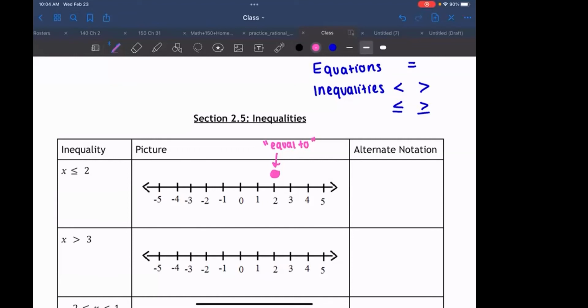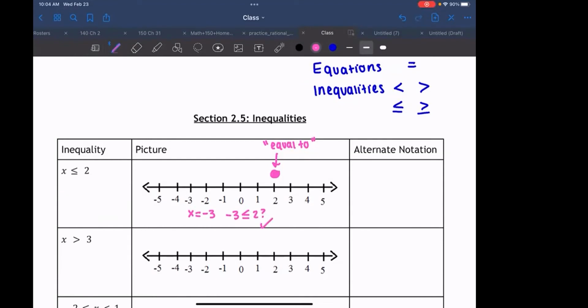So x is less than or equal to 2, where should I extend my pink line? To the left or to the right? To the left, right? If you're not sure, you can say, okay, if x was -3, is -3 less than or equal to 2? Yes, right?